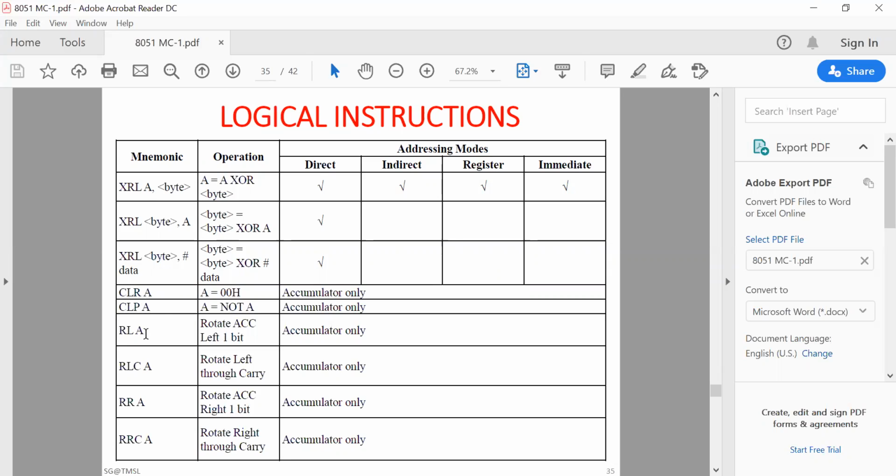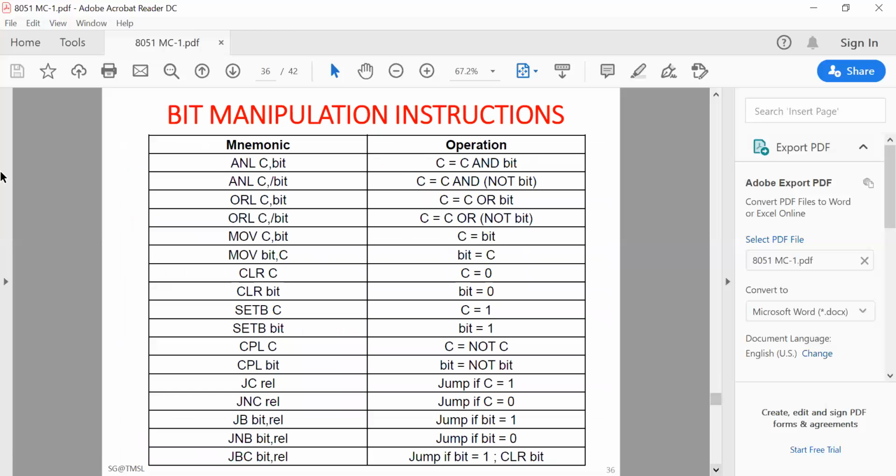And then you have the rotate instructions: rotate accumulator left by 1 bit, RL A, rotate left through carry only the accumulator bits, rotate right accumulator by 1 bit, and rotate right through carry 1 bit of the accumulator. Okay, so these are rotate instructions, and these are bit manipulation instructions. So any bit can be used, like here.